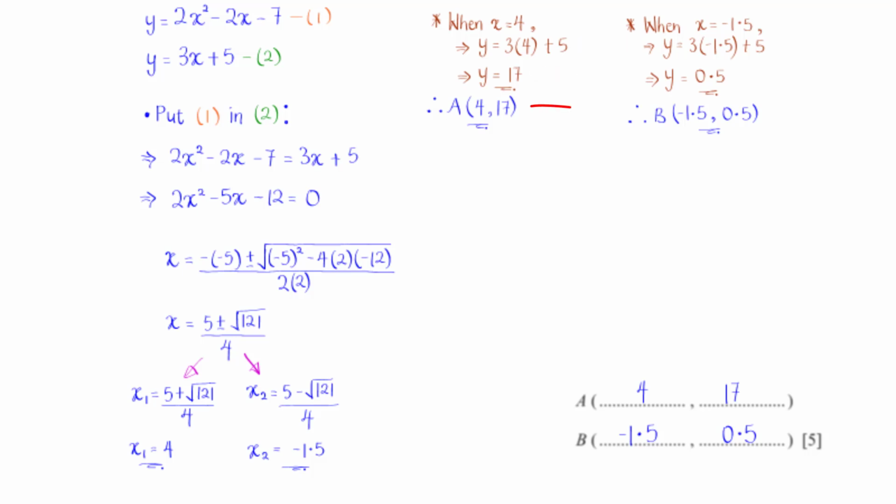Hence, the coordinates of A are (4, 17). For point B, when x = -1.5, y = 3 × (-1.5) + 5. When we type this into the calculator, this gives us y = 0.5. Hence, the coordinates of B are (-1.5, 0.5).